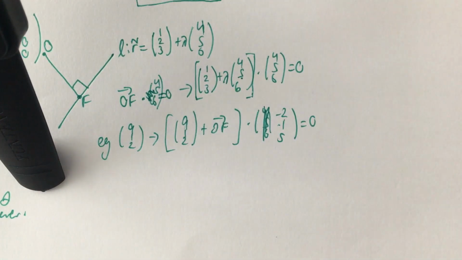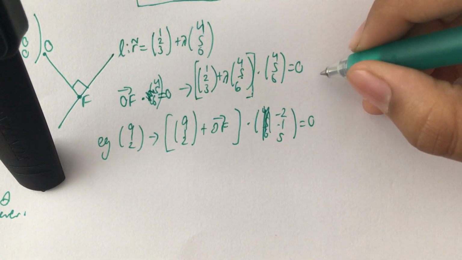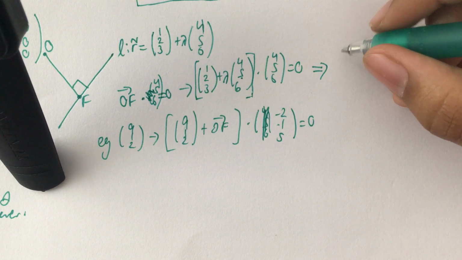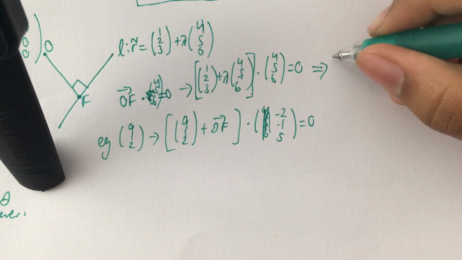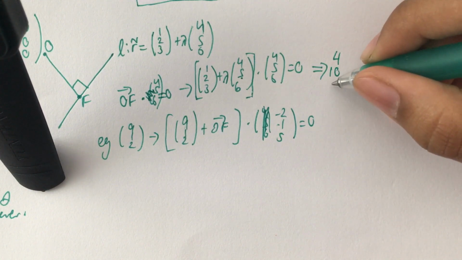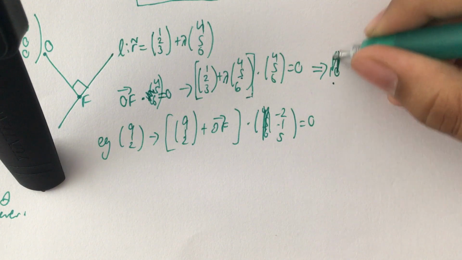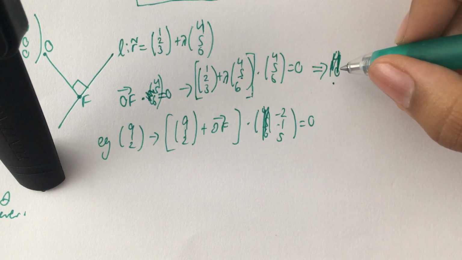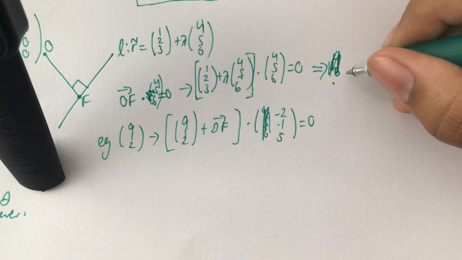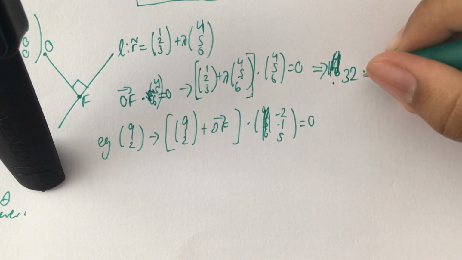OF would also be equivalent to point F minus point O. And since F is on the line, we can generalize it using the equation of the line. For F, you would use this equation, the position vector plus lambda with the direction vector.